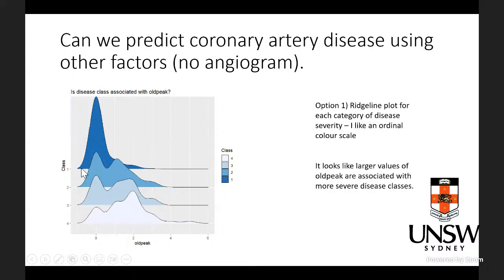You can see that in class 1, the no disease class, most people have an old peak measurement of 0, and there's a bit of a tail here. And if you go up to class 4, the mode is at 2 for the old peak values, and you've got some very large old peak values too. It seems to be slowly shifting to the left. So it looks like there's a positive association between that old peak score and what disease class you're in.